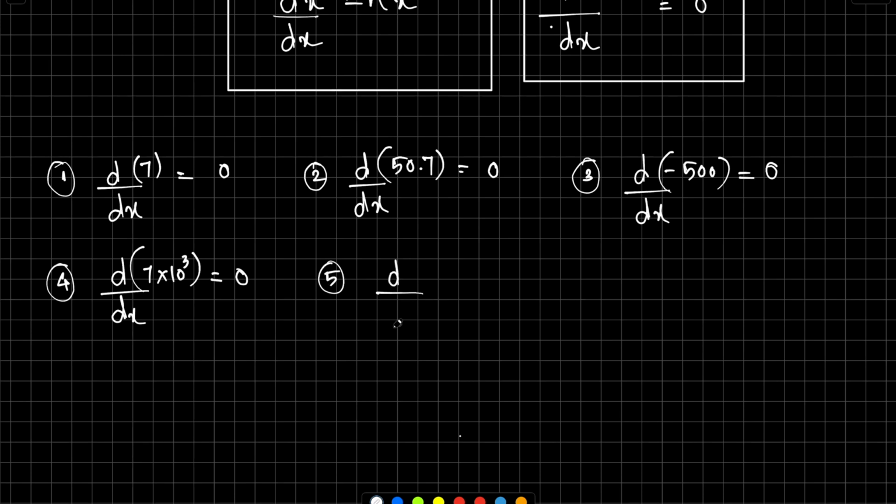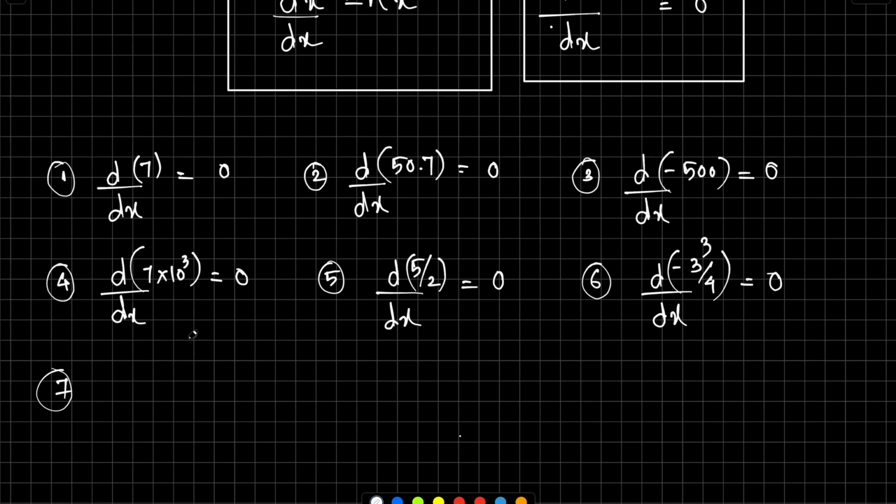d by dx of 5 by 2. 5 by 2 is a constant, so 0. d by dx of, let's say, minus 3 cubed by 4. Minus 3 cubed by 4 is a constant, so 0. So d by dx, or differential of a constant, is always 0. One more thing, you can replace this x with a different variable.